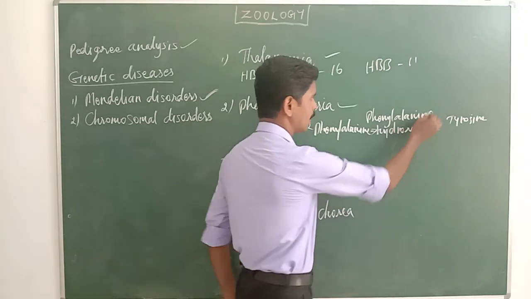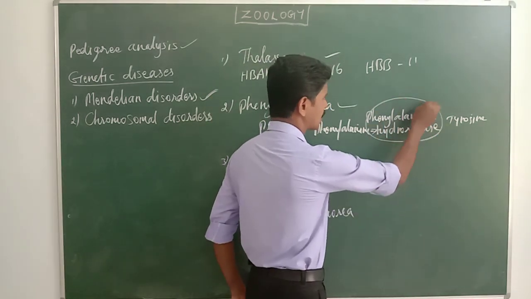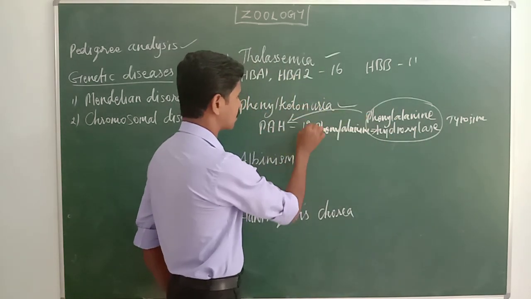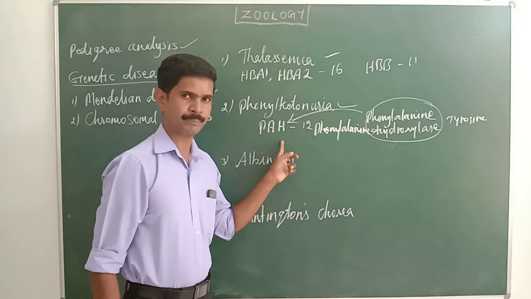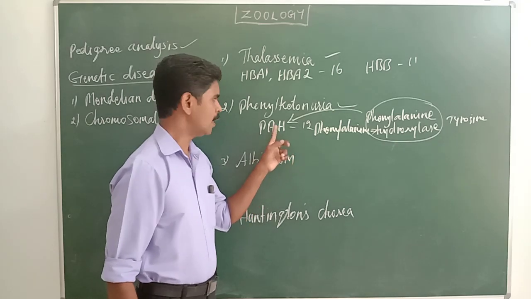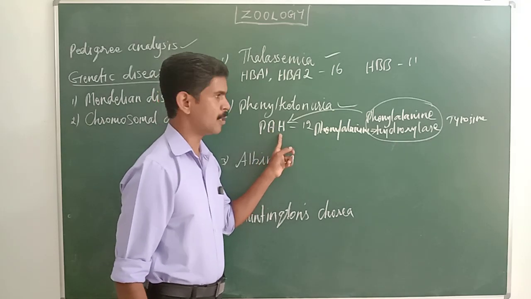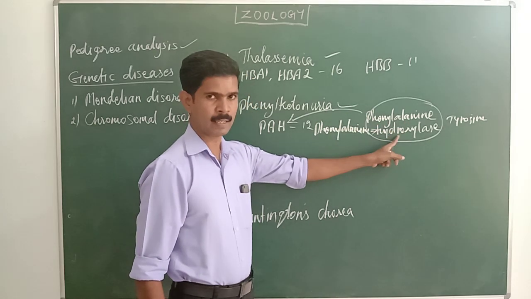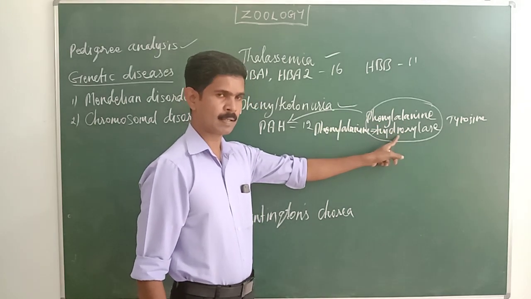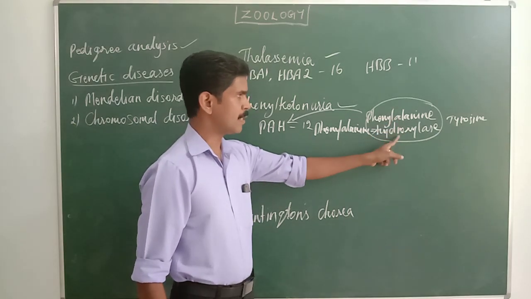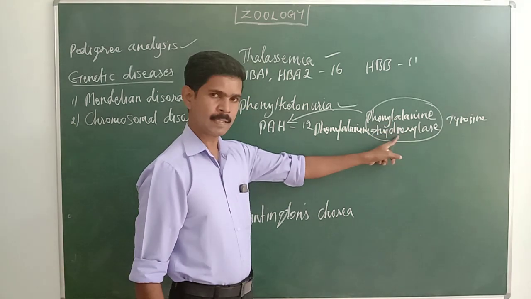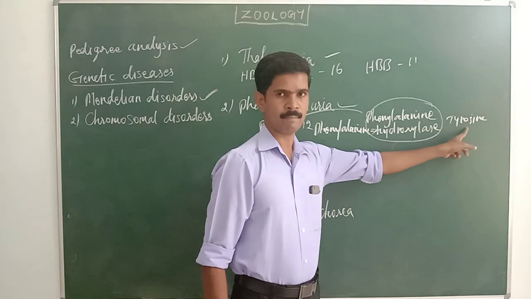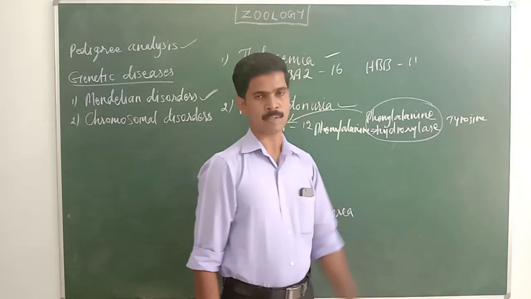Here, the production of the phenylalanine hydroxylase enzyme is controlled by the PAH gene. So this PAH gene is responsible for the production of phenylalanine hydroxylase. Understand? The function of this enzyme is converting phenylalanine into tyrosine.